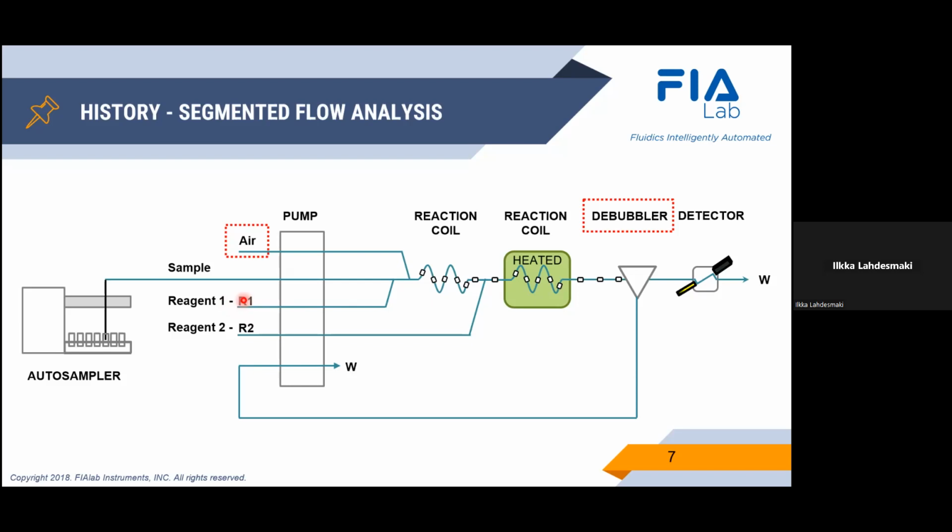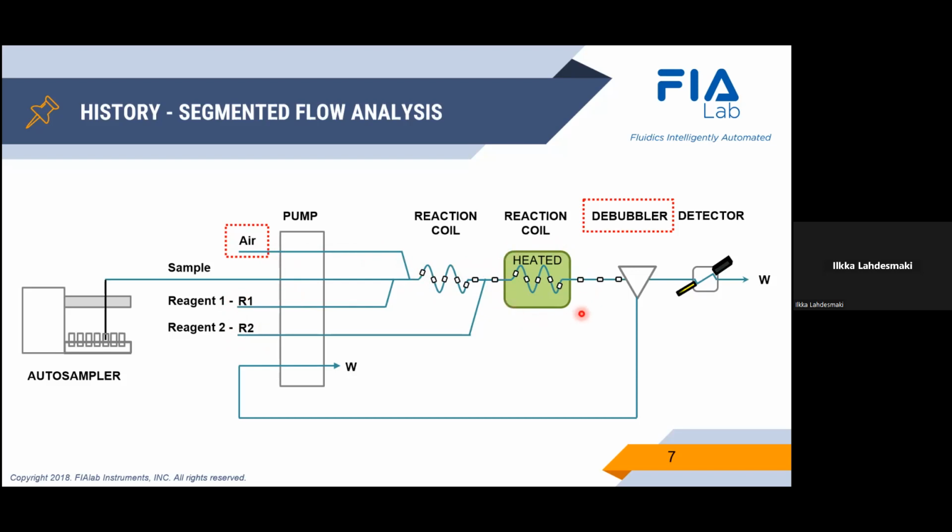You have separate lines of the different reagents that are necessary to combine with the sample to make the color reaction happen. And then you have a stream of air that gets mixed in to break up the liquid flow and that way keep the sample segment confined.